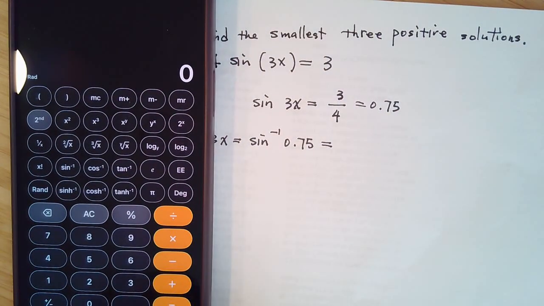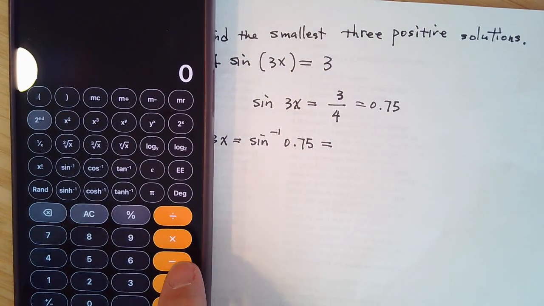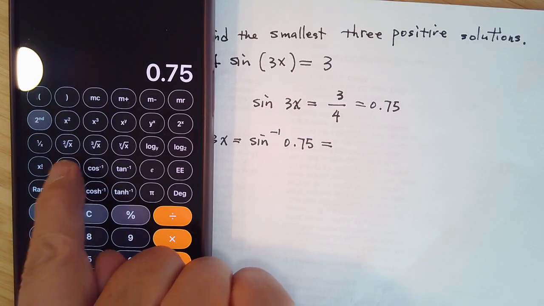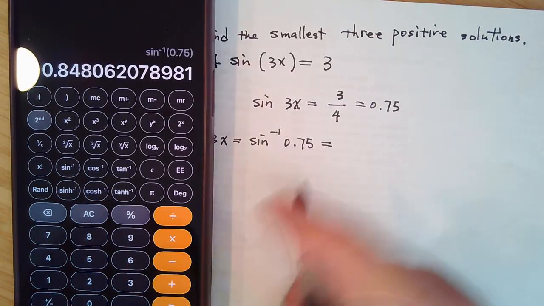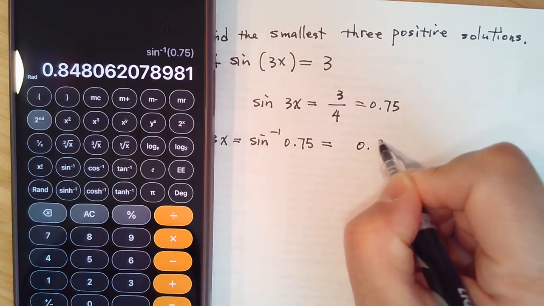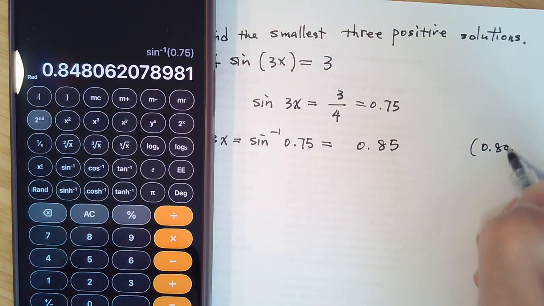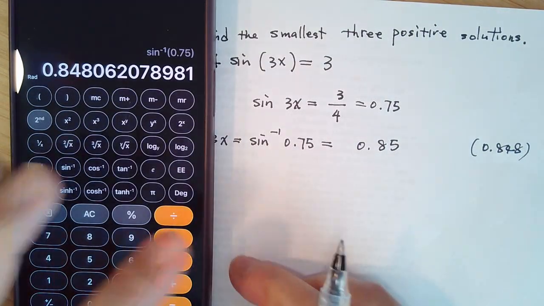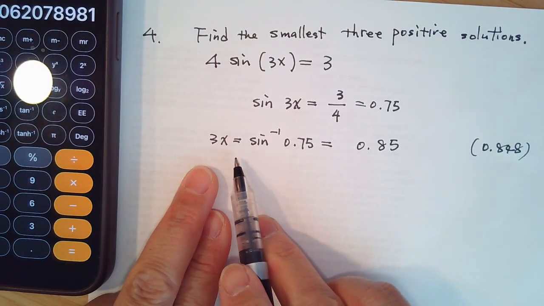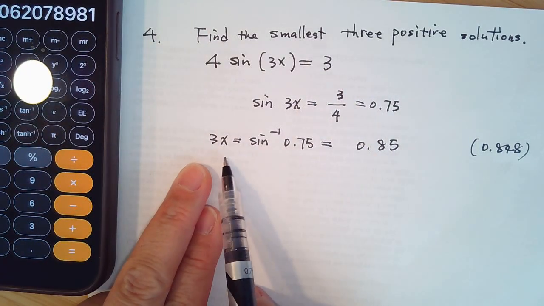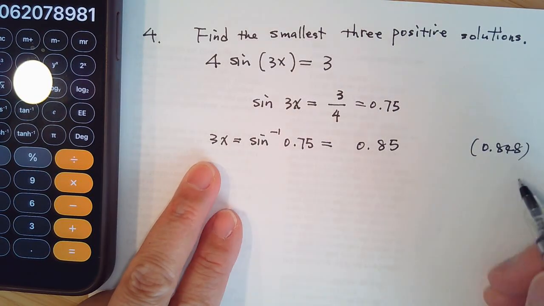Sine inverse 0.75. So I got a 0.85. Okay, actually it's 0.848. Let me just write that for my side. So I need to look for the smallest 3 positive solutions, which means I need to get the first solution.